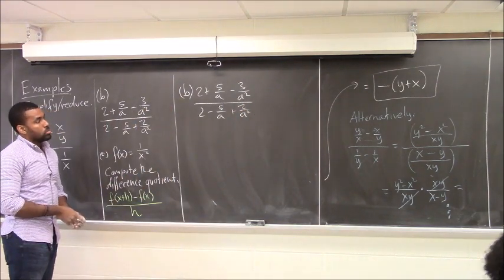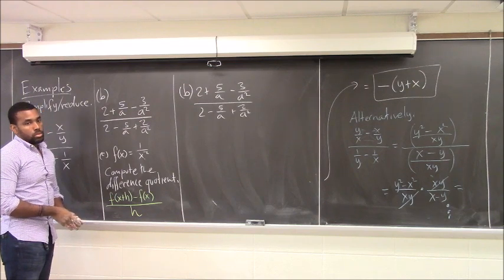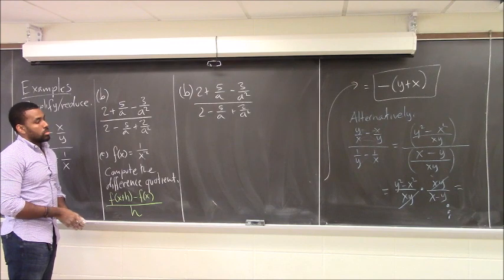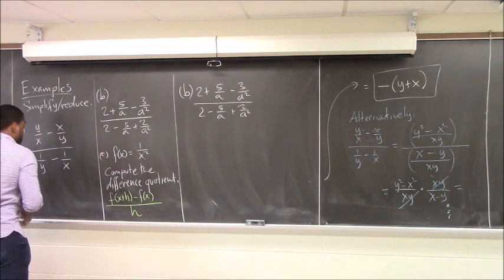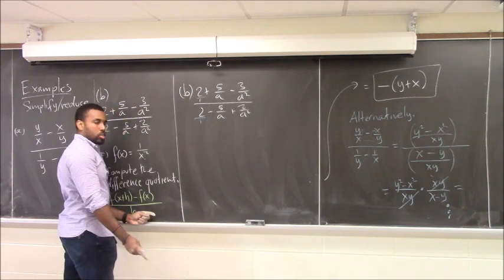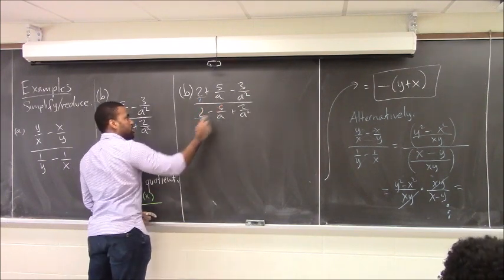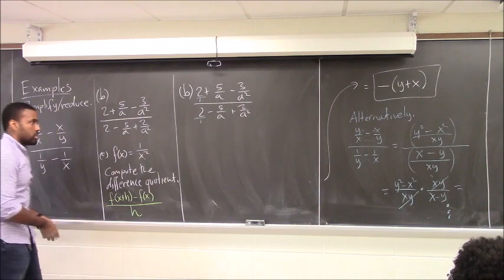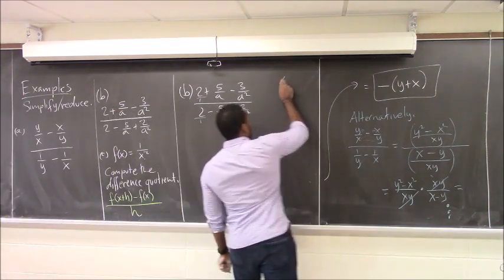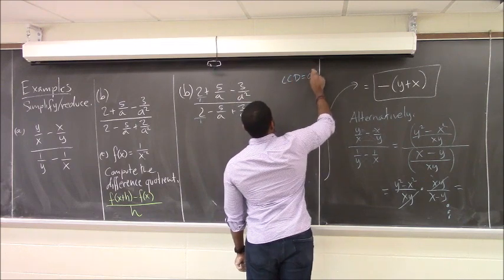I multiplied, the LCD was a squared for both the numerator and the denominator. One thing you can notice is that you can think of this 2 as being over 1. So all your denominators are 1, a, and a squared. And then using our LCD rule, a squared is going to be the LCD. So in here, the LCD is a squared.